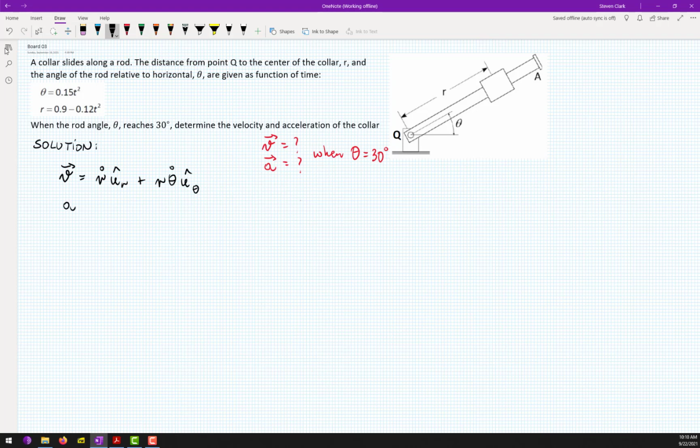And A was r double dot, sorry guys, minus r theta dot square plus Coriolis plus this.